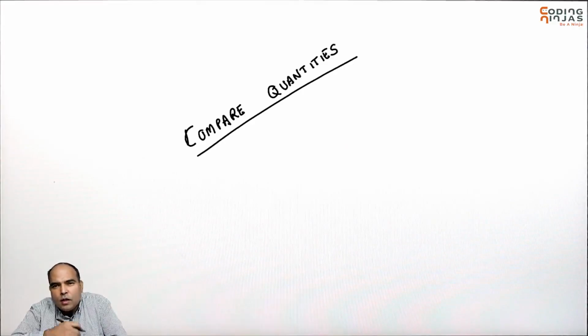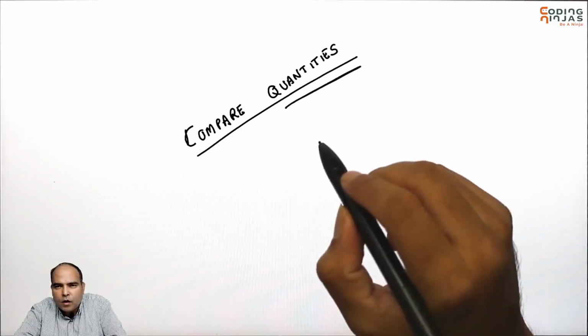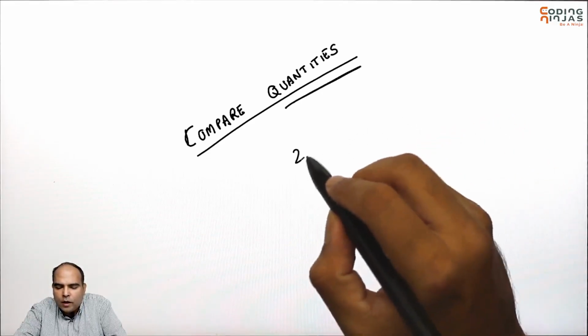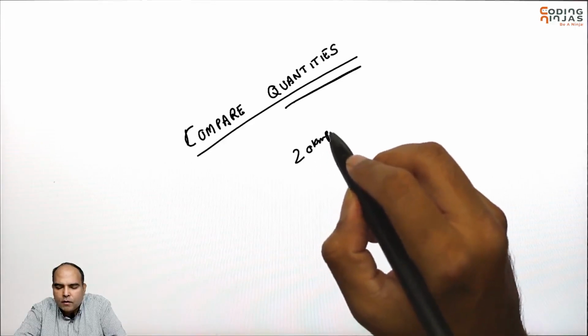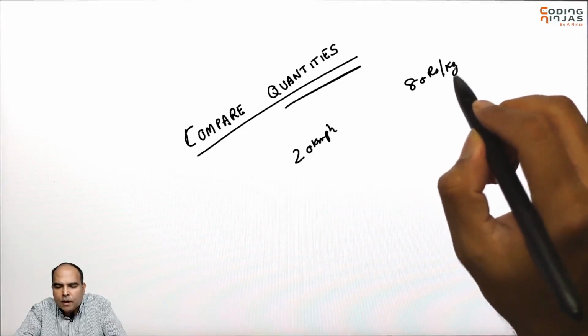And naturally, when you talk about comparison of quantities, the first thing one should realize is that the quantities you are comparing should be in the same units. You can't compare, after all, 20 kilometers per hour with 80 rupees per kg. These two numbers can't be compared.